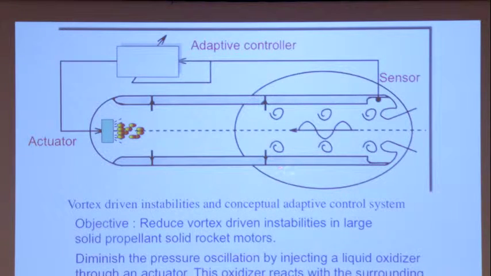The gases still can burn, so if you inject an oxidizer here, you can have a source of heat release fluctuations, and you can counteract what goes on here using an adaptive technique and a sensor that would sense the oscillations here, return them into this adaptive controller and back into the actuator.